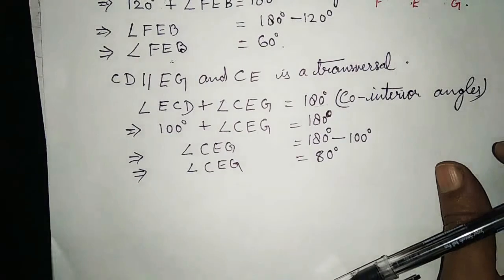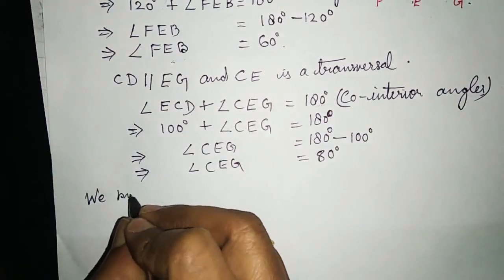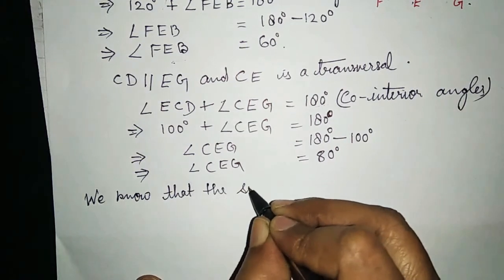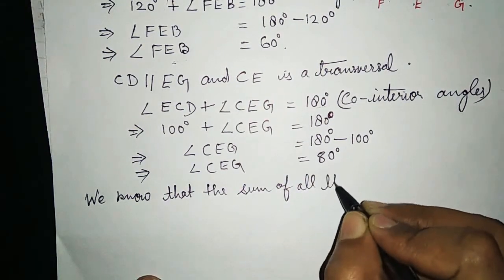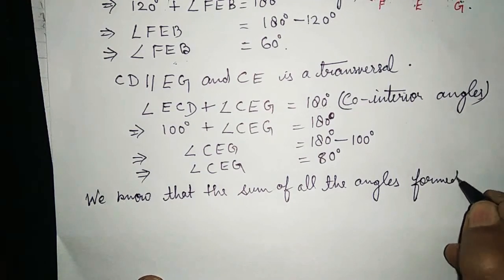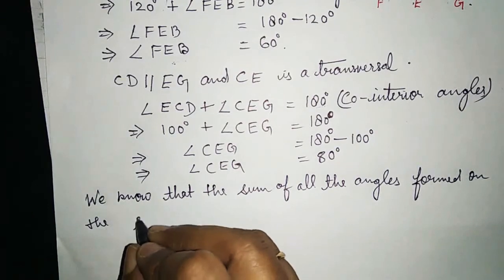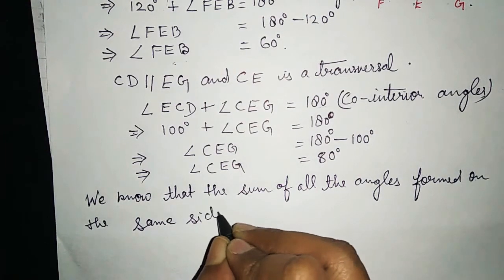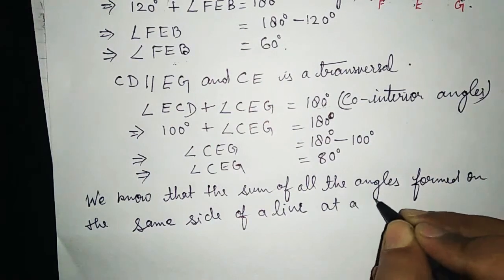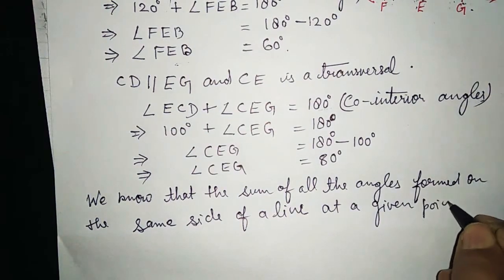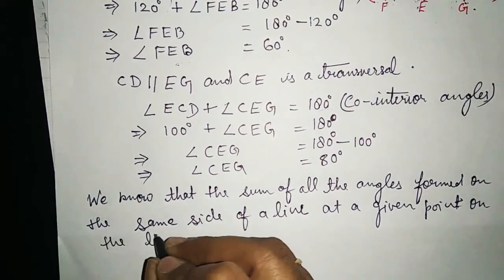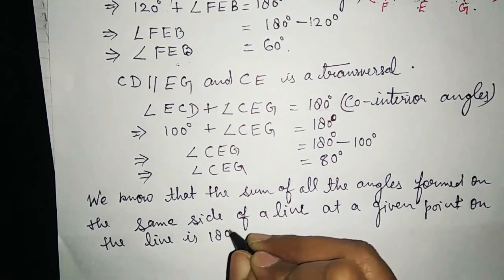Here we will write, we know that the sum of all the angles formed on the same side of a line at a given point on the line is 180 degrees.